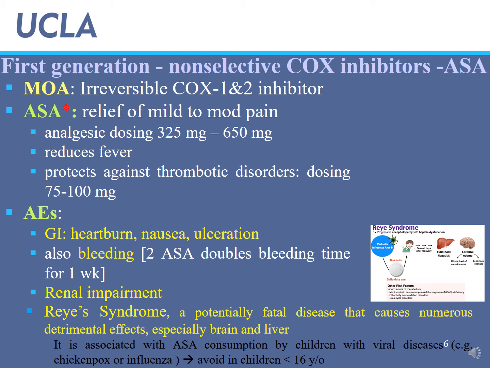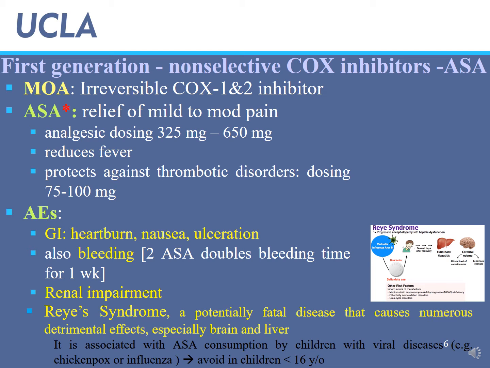Low dose is the one that is anti-aggregant, and we still don't know the exact dose against thrombotic disorder, but it's around 75 to 100 milligrams, versus for the analgesic effect, you see it's a much, much higher dose, 325 to 650 milligrams. Same thing for reducing the fever, it's a higher dose than for the treatment of thrombotic disorder.